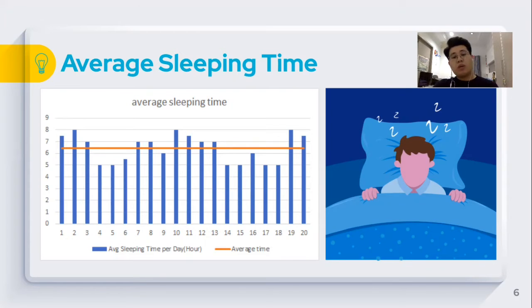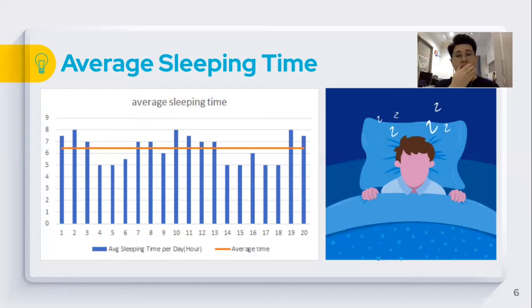This pattern that we are seeing might be due to the fact that each and every one of us will have different activities. So, for example, some of us might have classes at 8, and some others might have it at 11, which might affect the time of sleep that we have.